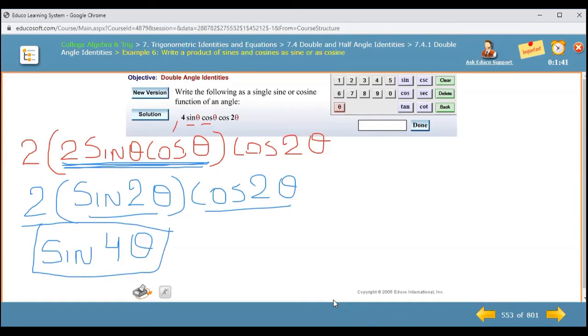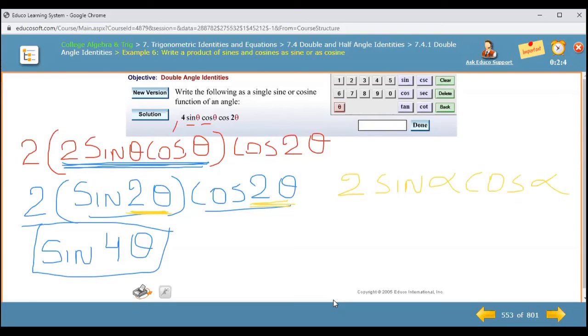I have seen a lot of students who have difficulty getting this into mind, that this thing is an angle. If you have this, you can write it as 2 sine of any angle, let's say 2 sine alpha cosine alpha.